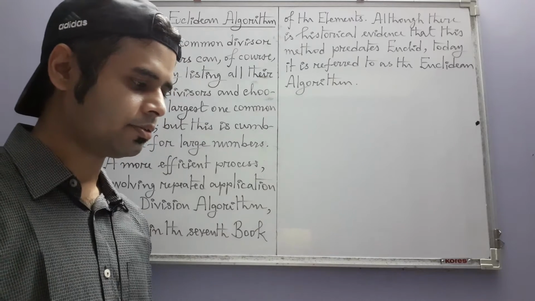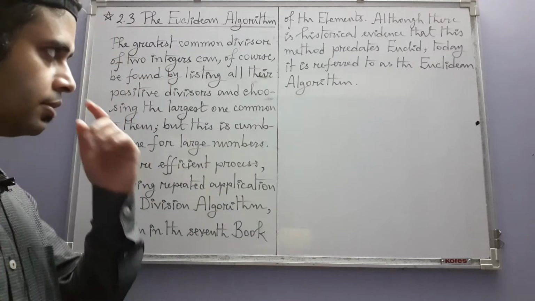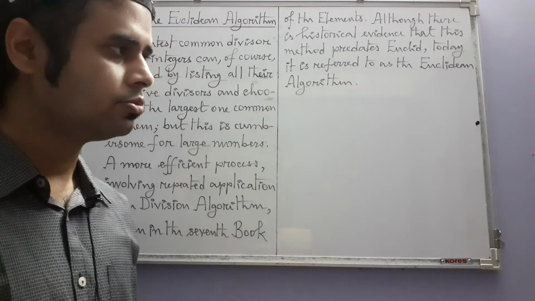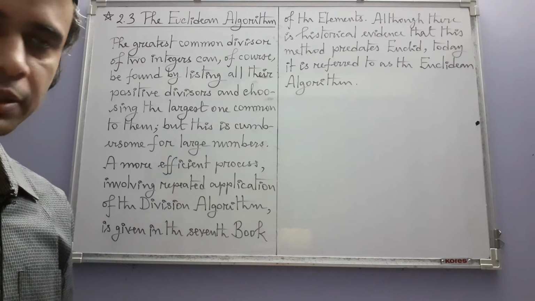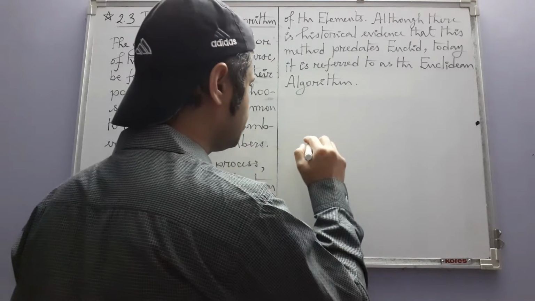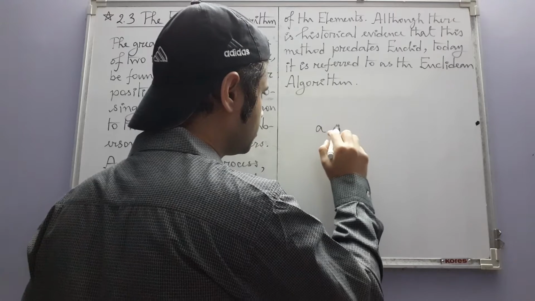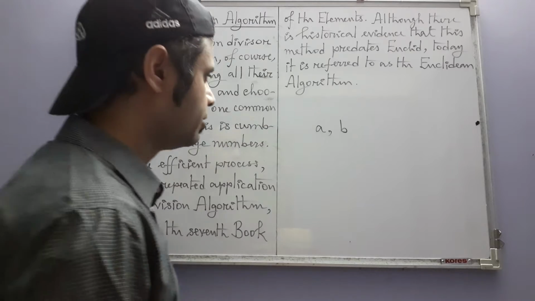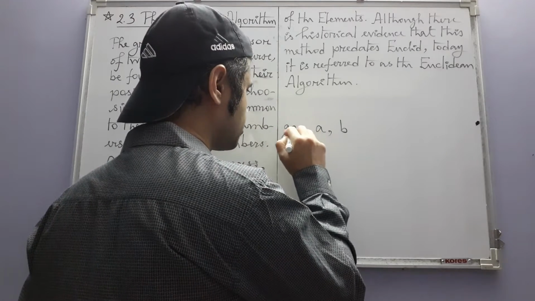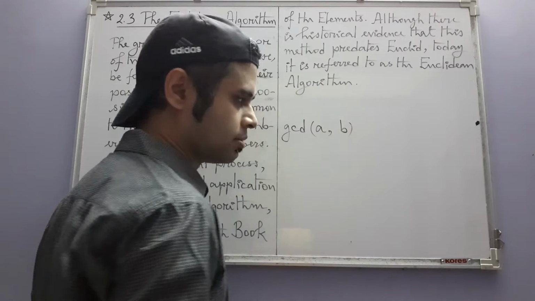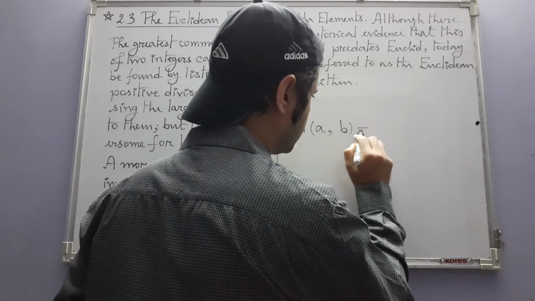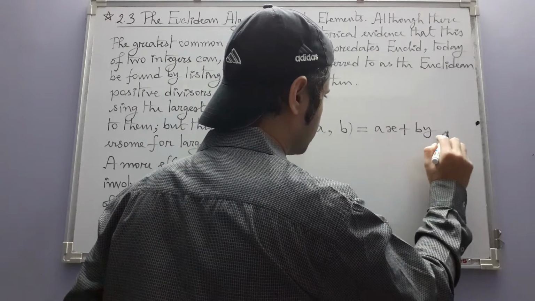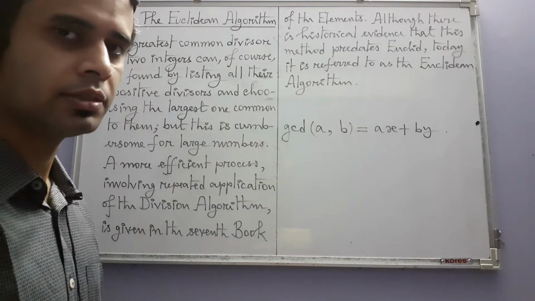New section, the Euclidean Algorithm. Recall that we have already seen the notion of the greatest common divisor of two integers. Among many things, we first of all saw that if we are given two integers, not both of which are equal to 0, then their greatest common divisor exists and is of this form, where x and y are some integers.